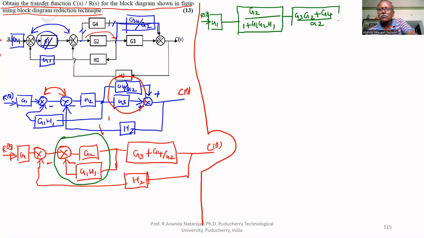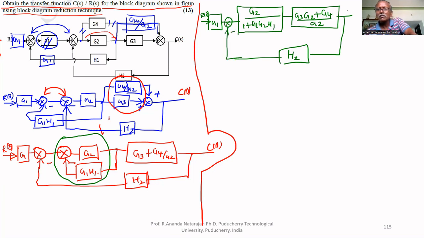We are taking G2 as LCM. Now H2 is here, with one summing junction. This is C(s). Now these two can be multiplied. If you multiply these two together, this G2 gets cancelled.